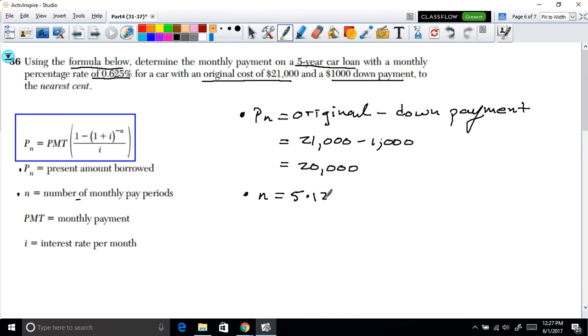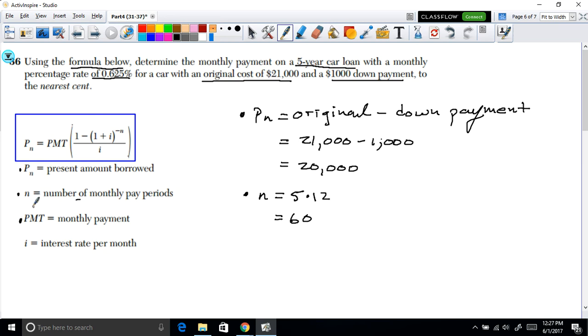Well, that would be 12. So that means that he will be making 60 payments in total throughout the 5 years. So you've got 5 years, every year has 12 months, so you will be making 60 monthly payments here, and that is the number of monthly pay periods. So at least we know what n is.